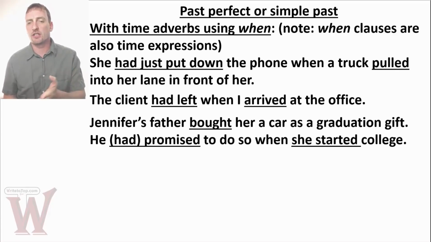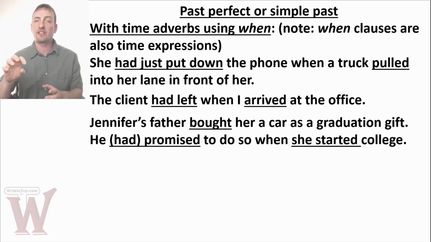Jennifer's father bought her a car as a graduation gift. He promised to do so when she started college, or he had promised to do so when she started college. Both are okay in this case. When she started college, this is a time expression now. I'm pointing to the particular time in the past, the definite past time, and I'm saying what happened at this past time.